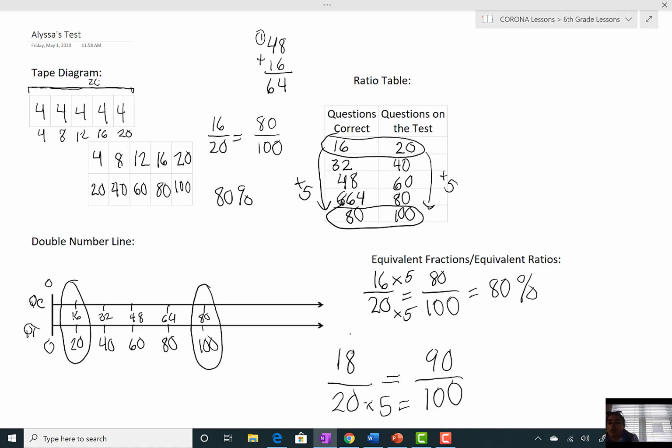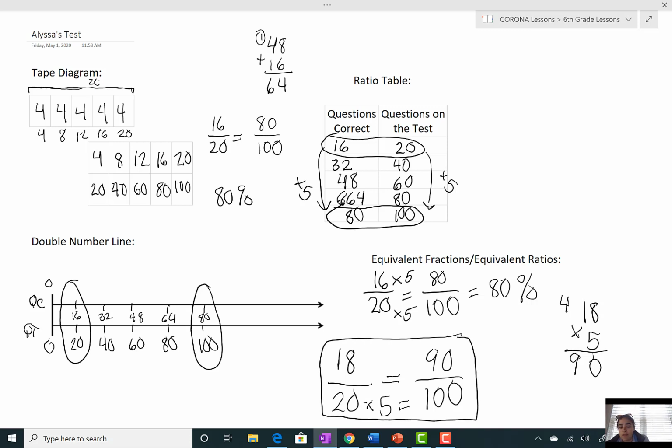So let's prove it over here, in case you don't believe me. 18 times 5: 5 times 8 is 40, 5 times 1 is 5, plus 4 is 90. So she needs to get an 18 out of 20 to get an A.